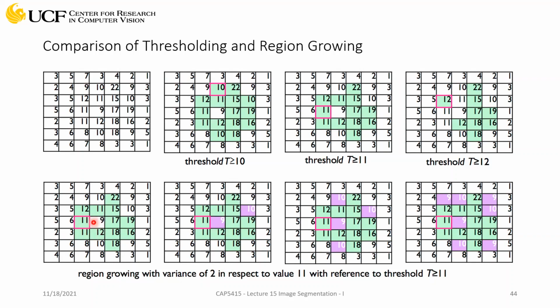In this case, if you subtract these two values, that will give you 5, but your threshold is 2, which means that these two don't belong to the same segment. Similarly, you can do that for 11 and 12. And similarly, you can do that for 11 and 9. If you subtract 11 and 9, that will give you 2. So that's clearing the threshold, and that's why you count this in. Okay.